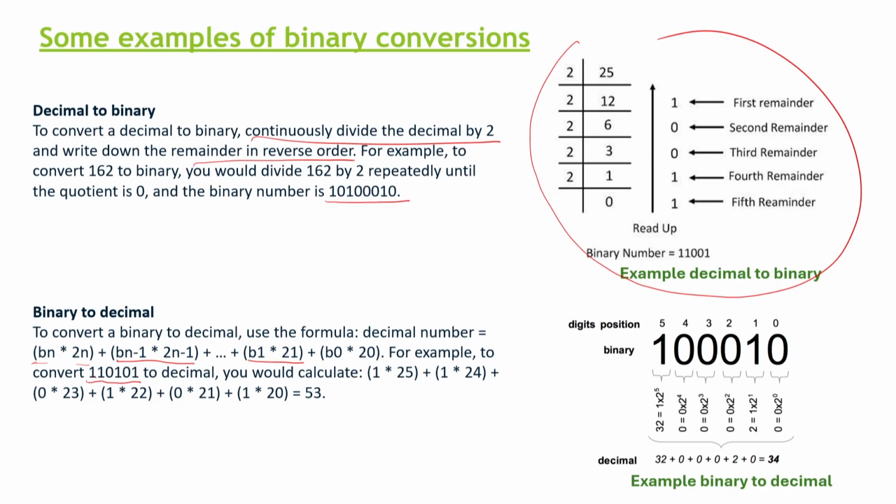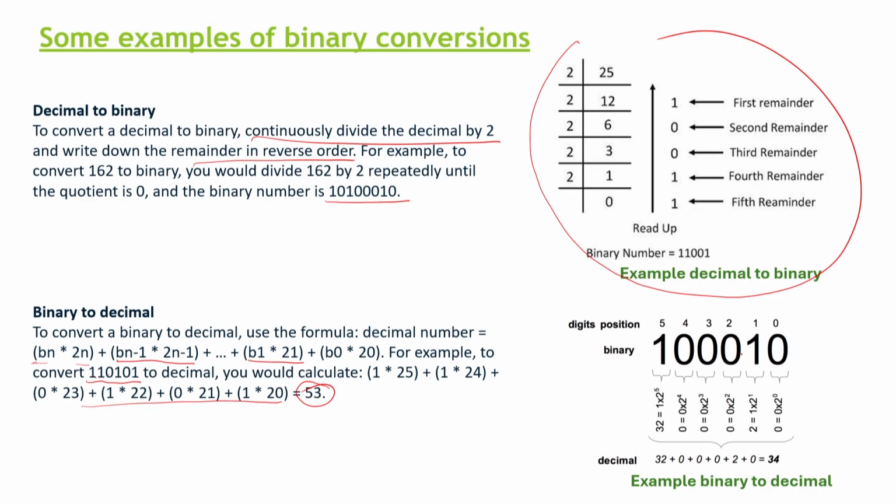You need to calculate this: you go for 1, and see the corresponding value of the nth position, which is 2 to the power n minus 1, and then 2 to the power n, and so on, down to 1 times 2 to the power 0. Of course, where there are zeros, those terms will not have any effect, and by summing up you will get the number.